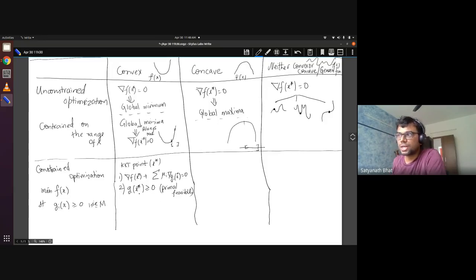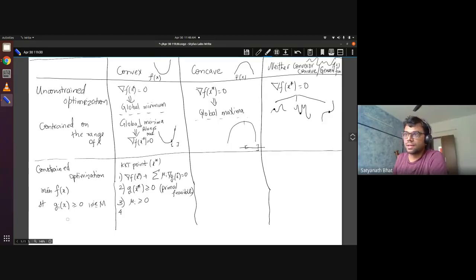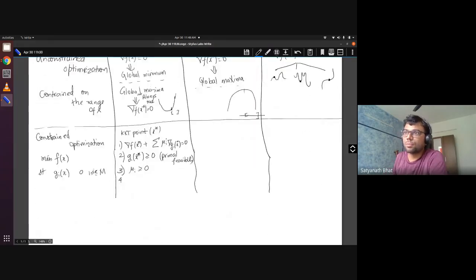Third, the mu_i's have to be greater than or equal to 0. Diksha, you remember why this has to be greater than 0, right? Yesterday we had g_i of x less than or equal to 0, right? My mistake. Here it is greater, but in the standard form that we consider, it is less than or equal to. That's absolutely right, thanks for telling.